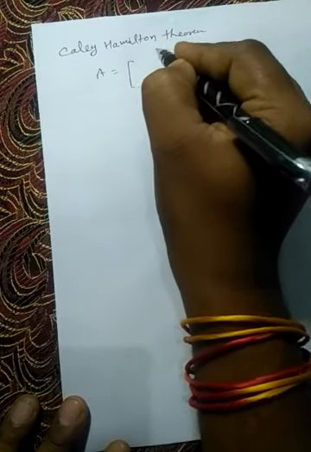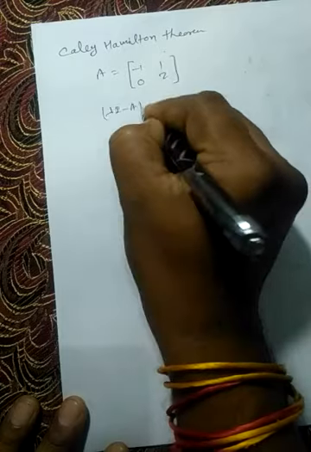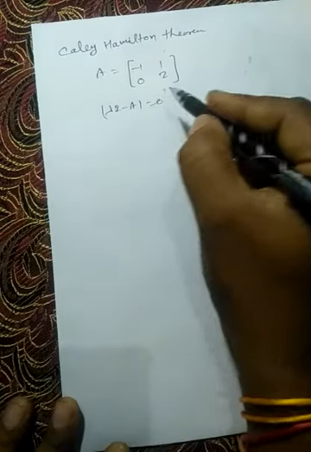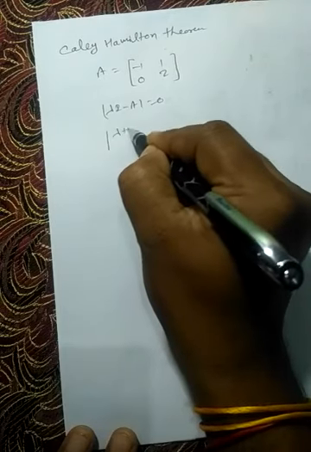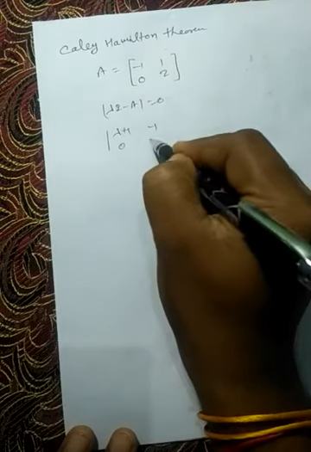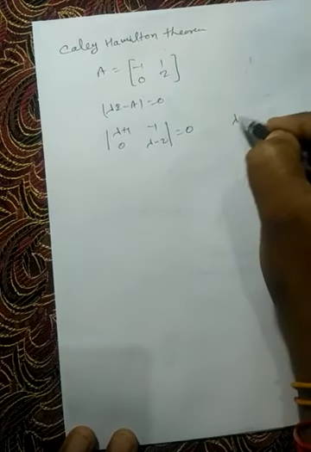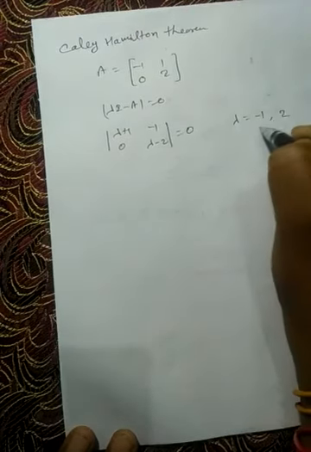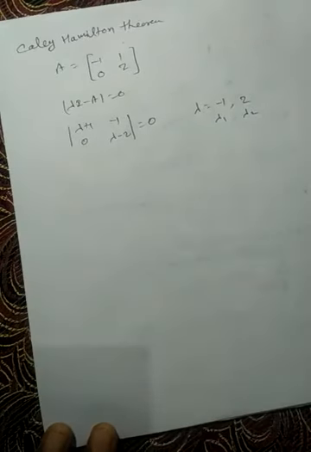Again, let A be [-1, 1; 0, 2], and the characteristic equation will be determinant of lambda I minus A equal to 0. Lambda I minus A is [lambda+1, -1; 0, lambda-2] equal to 0, and here we get lambda equal to -1 and 2. This is lambda 1 and lambda 2, right?